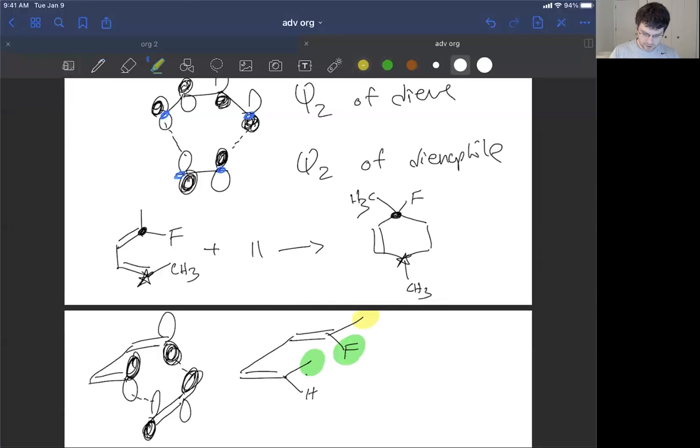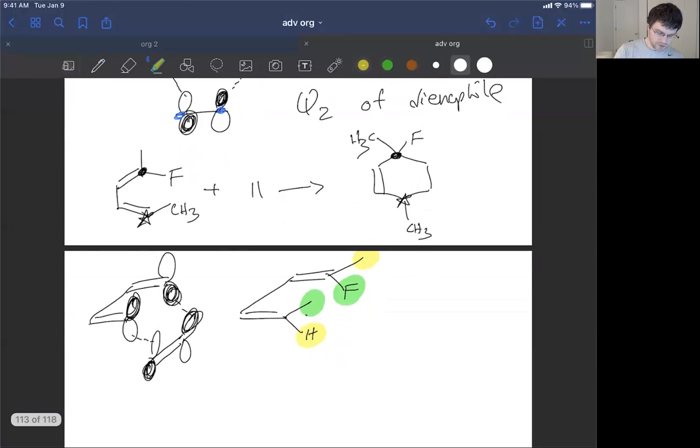Then I've got another 2 groups that are sort of hanging out on the outside of the diene. And what we're going to do is consider what the stereochemical outcome is if I allow the diene and the dienophile to interact in this way. And when I do that, I'm going to get this outcome, if you remember.